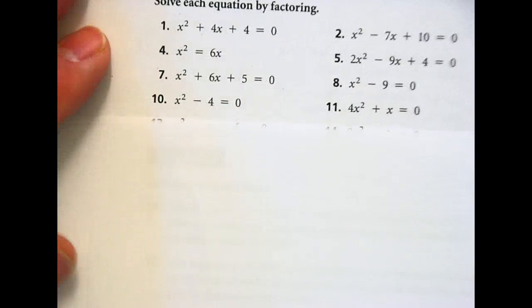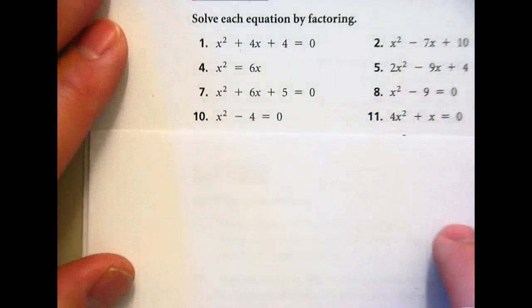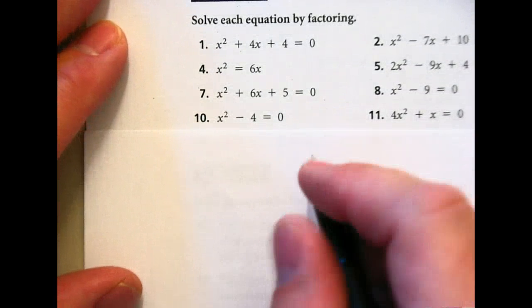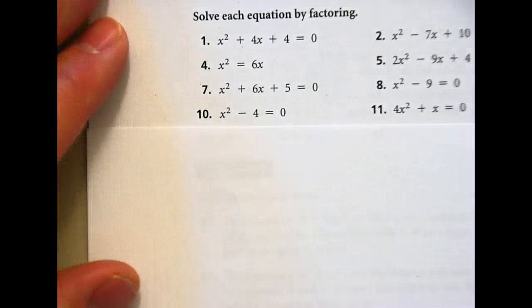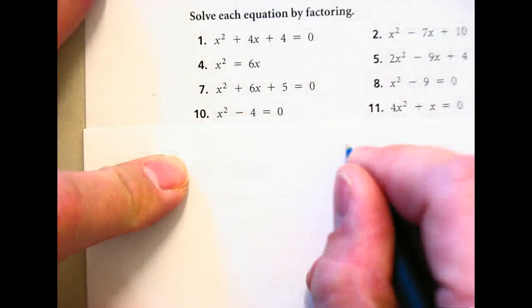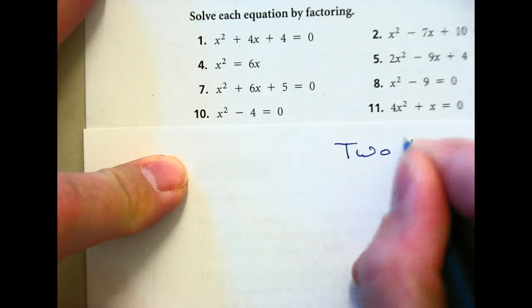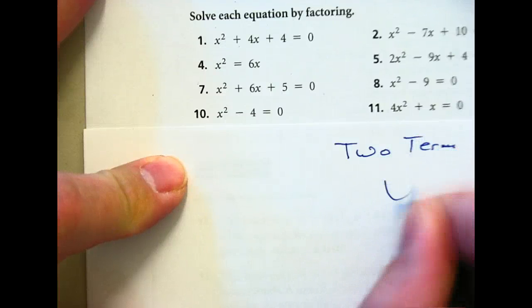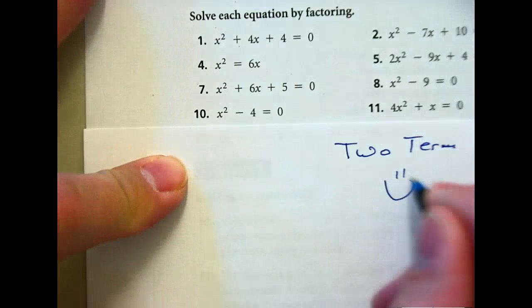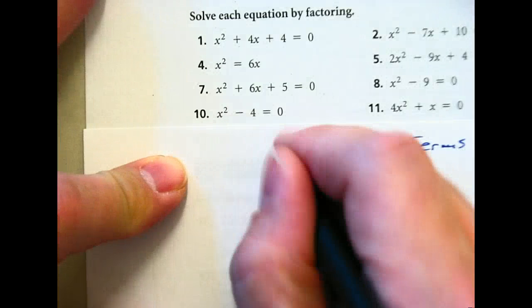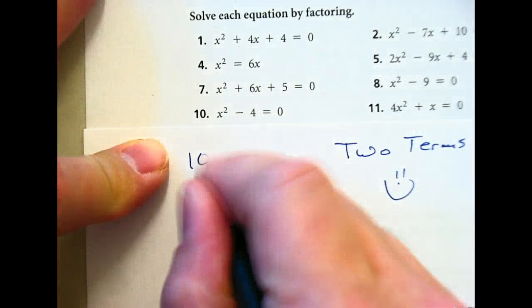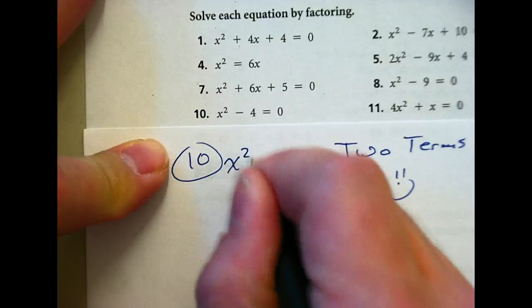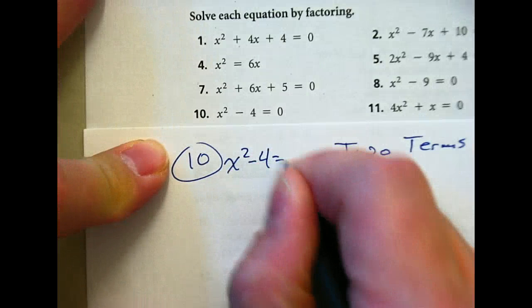Look at 10. Yes, there's no B, but there is a C, and there's how many terms? Two terms. This one's even better because B is the problem. We hate B because then we have to factor.